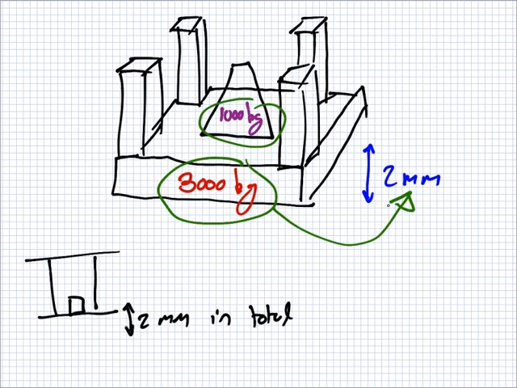So the first part is what's the strain. So the formula for strain is force over area. So the area is these squares. So there's 1, 2, 3, 4 squares, and the square is 2 by 2.